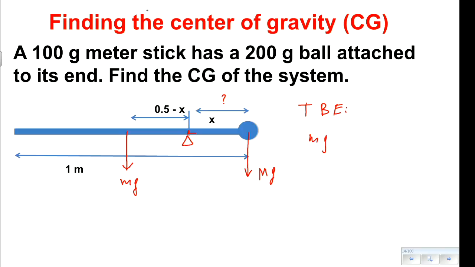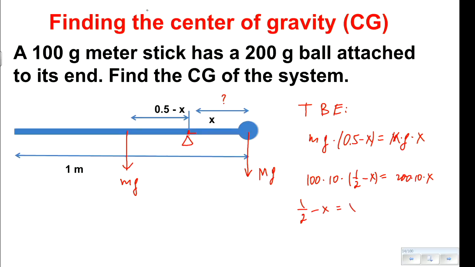On one hand it should be mg times, well, we already have all distances, a half of a meter minus the distance we are looking for. On the other hand, it should be equal to the mass of the ball times the distance we are looking for. What do we have? We have 100 grams, 10, 1/2 minus 6, 210 x, 1/2 minus 6 equals x, 2x. 1,000, 2x.